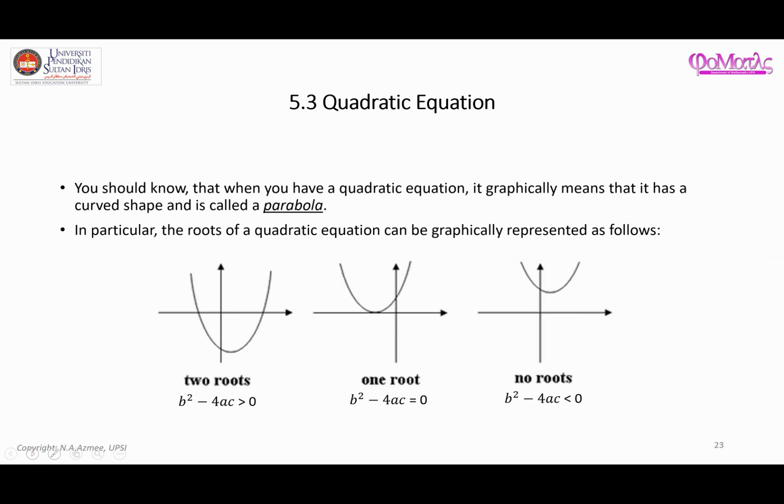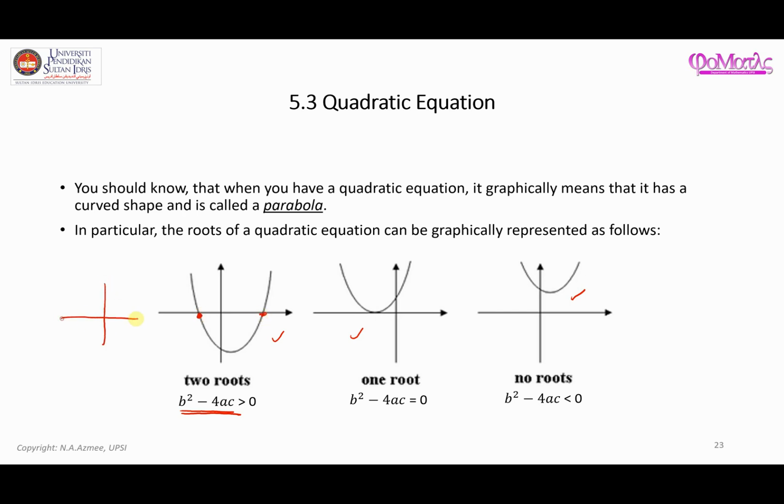Now, you should know that a quadratic equation graphically has a curved shape and it's called a parabola. In particular, it looks like these three examples. The roots of a quadratic equation can be graphically represented as follows. If you have the discriminant greater than 0, you have two real roots at this point and this point.